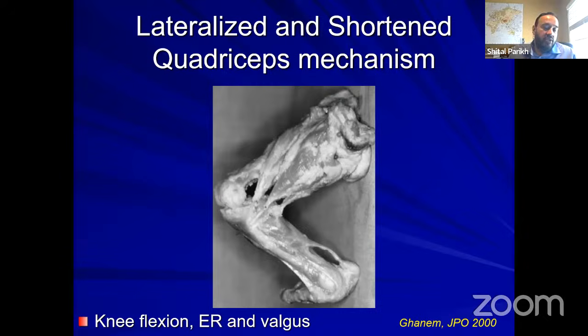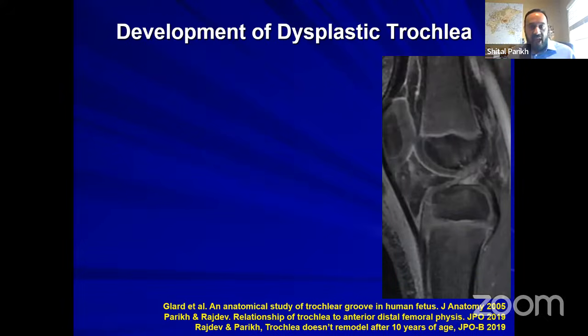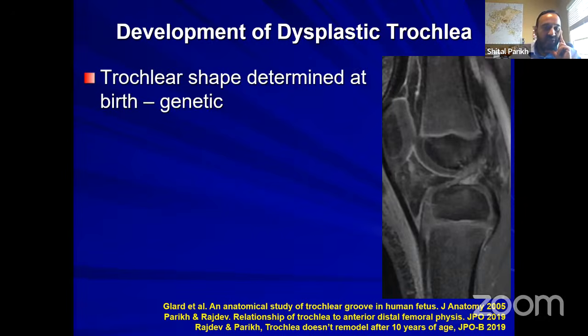So in these patients, typically you would have a little bit of a flexion deformity, some external rotation, some valgus, and very frequently a gait issue. And when we look at how dysplasia of the trochlea happens, one theory is that there is not enough pressure of the patella onto the trochlea, so it doesn't remodel. And that is seen when you have early patellar instability episodes.